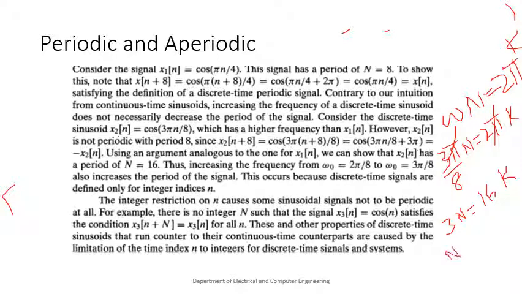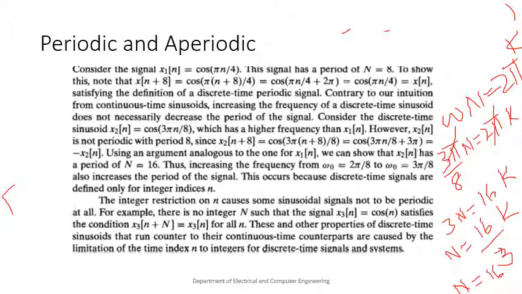Now n is equal to 16 divided by 3 times k. Keep in mind, in discrete time the period will always be an integer. We cannot have a time period of 1.2, 1.3, 5.6, 5.7. The time period must be an integer. So what integer value of k can we take so that n becomes an integer? The only value we can take of k is 3. If I take k equal to 3, 3 cancels with 3, so the time period is 16.